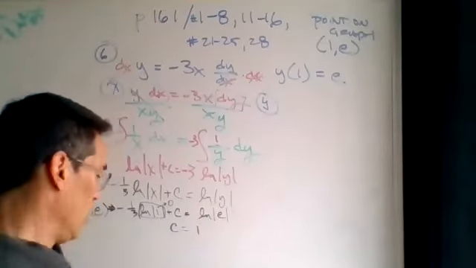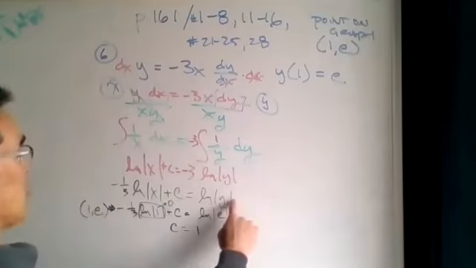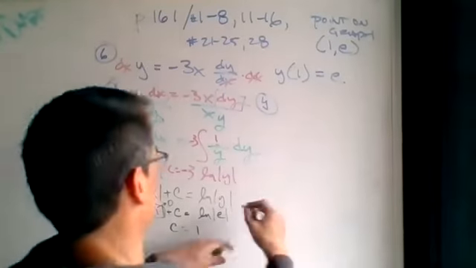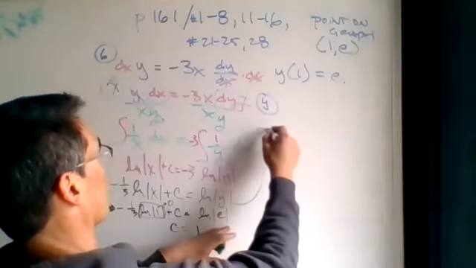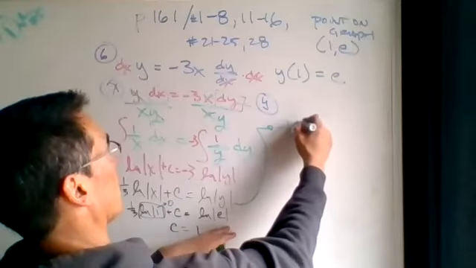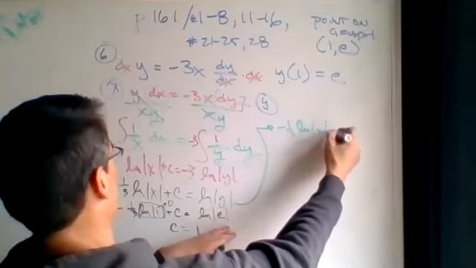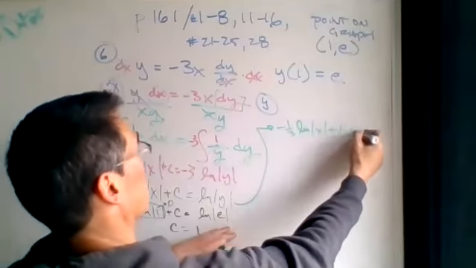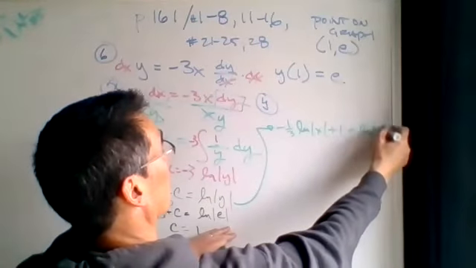Okay, all right. So now I can take this equation and rewrite it. So negative 1/3 natural log of x plus 1 equals natural log of absolute value of y.